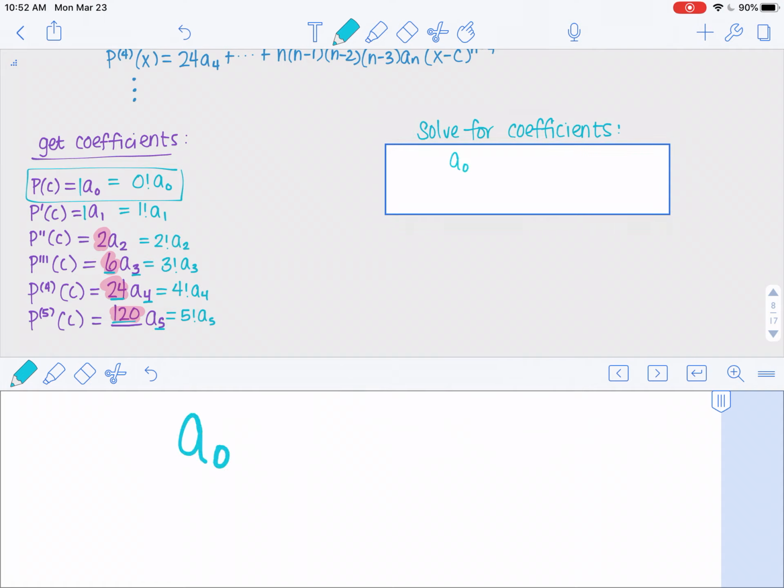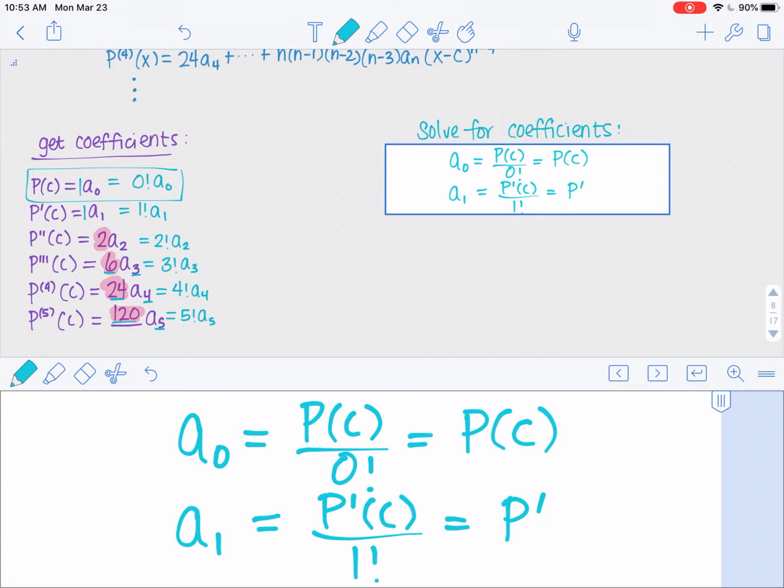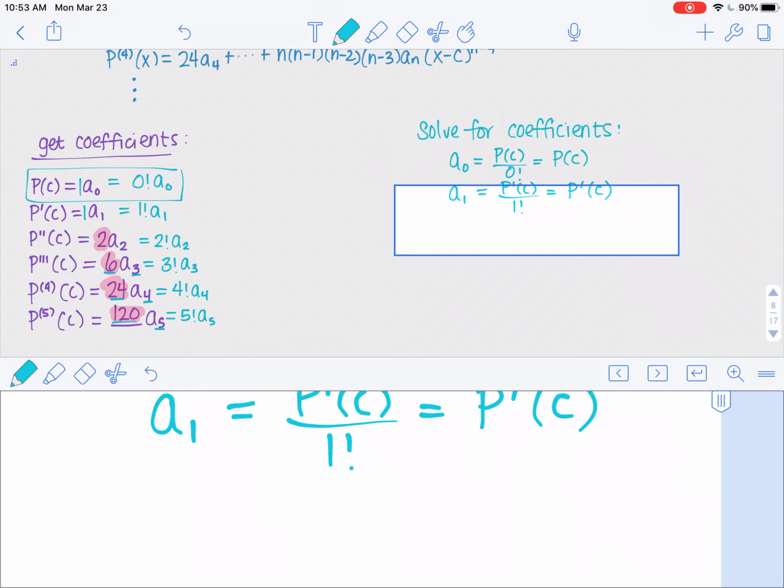Well, a sub 0 would be p of c divided by 0 factorial, but that's just dividing by 1, so that's the same thing as that polynomial evaluated at c. A sub 1 is the first derivative evaluated at c divided by 1 factorial. Again, not that exciting because 1 factorial is just 1, but it helps us to see the pattern.